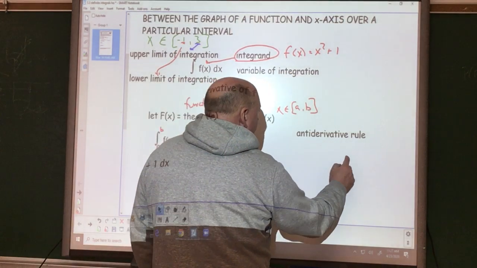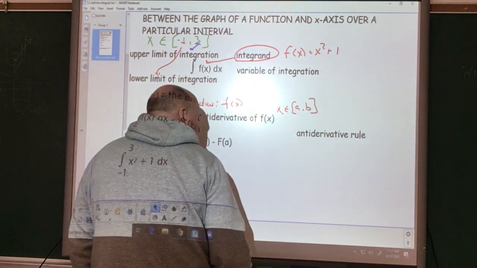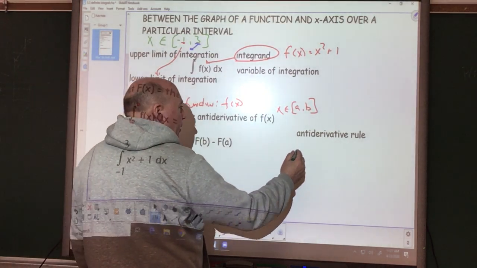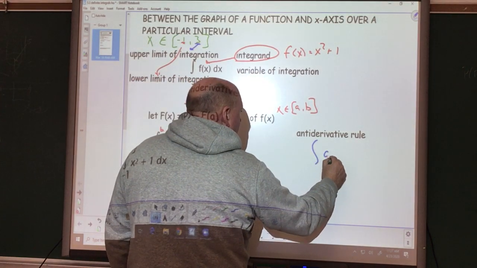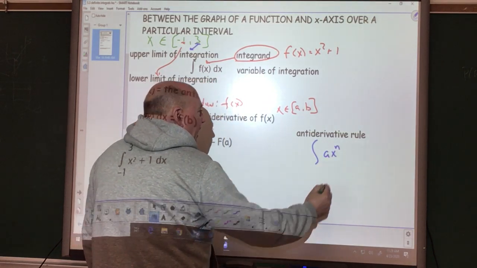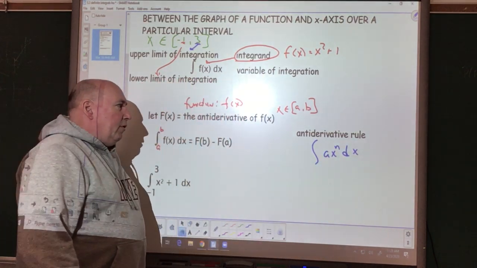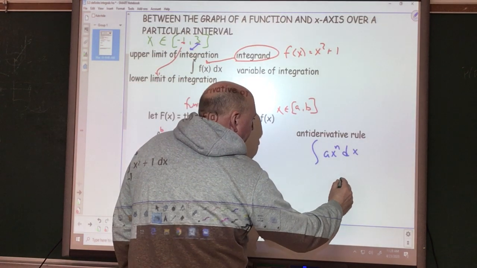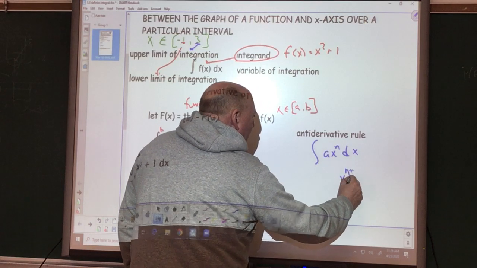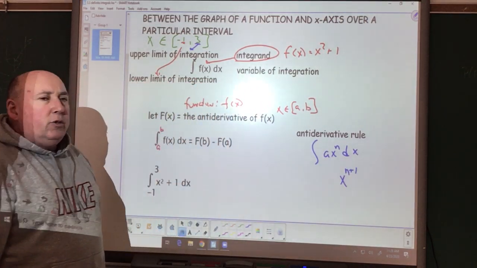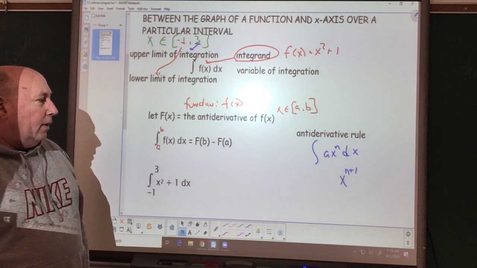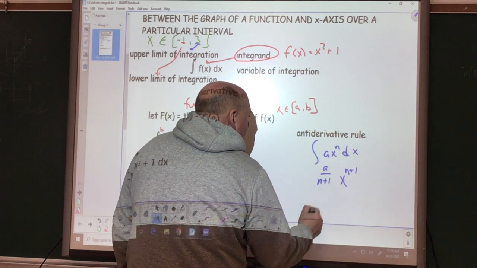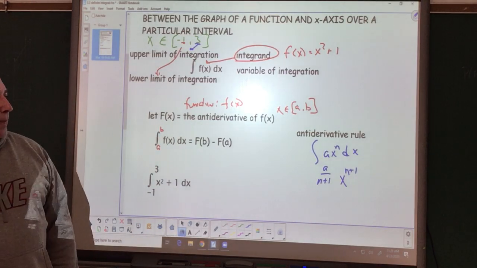Now we have to remember our antiderivative rule. This is just a review. If we have ax to the n, dx, how we take the antiderivative is we add 1 to our exponent and divide our coefficient by n plus 1.